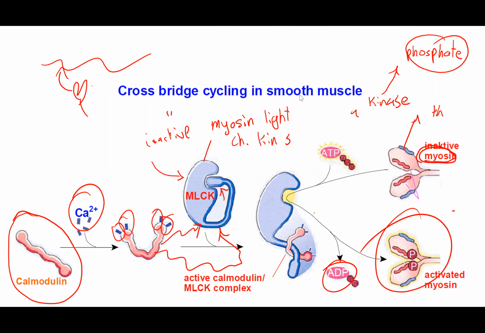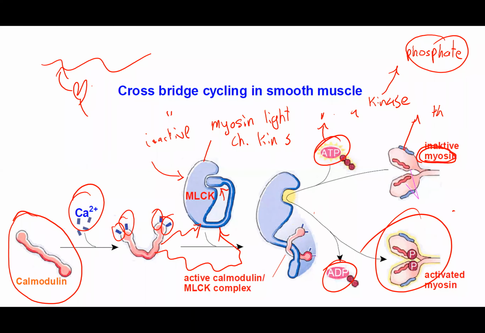Can I ask you a small question? Yeah, sure. The MLCK, basically it releases ATP, and the ATP activates the myosin, or what does... No, it doesn't release the ATP. So this ATP is on the side. It's like currency, like money.